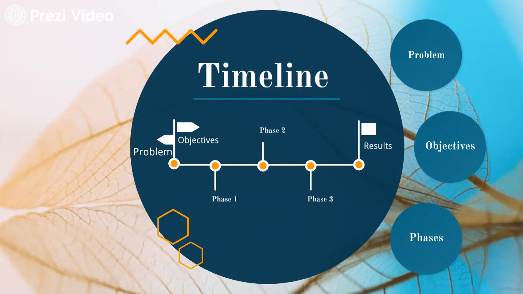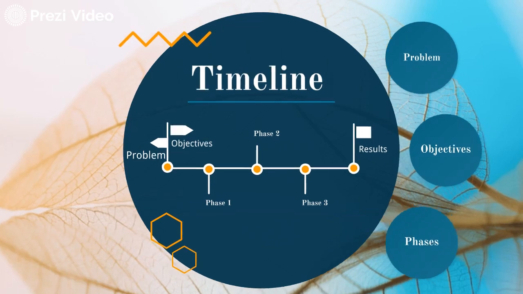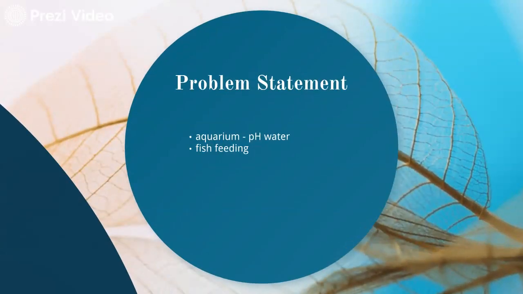For the process or timeline of this project, we identify the problems, then we come up with the objective. It requires three phases of development, and we get the results. Basically, the problem for this project is to check the aquarium pH water and also the fish feeding.